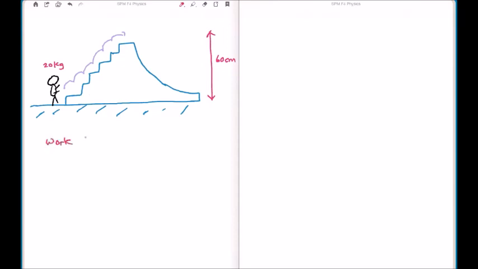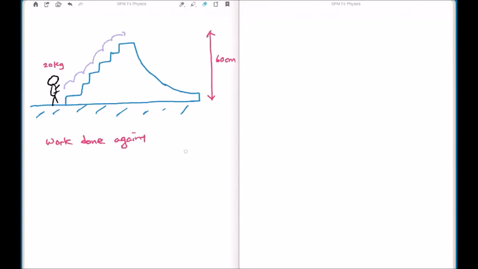So what is the work done? Work done against gravity, gravitational force. Normally the question wouldn't say that.